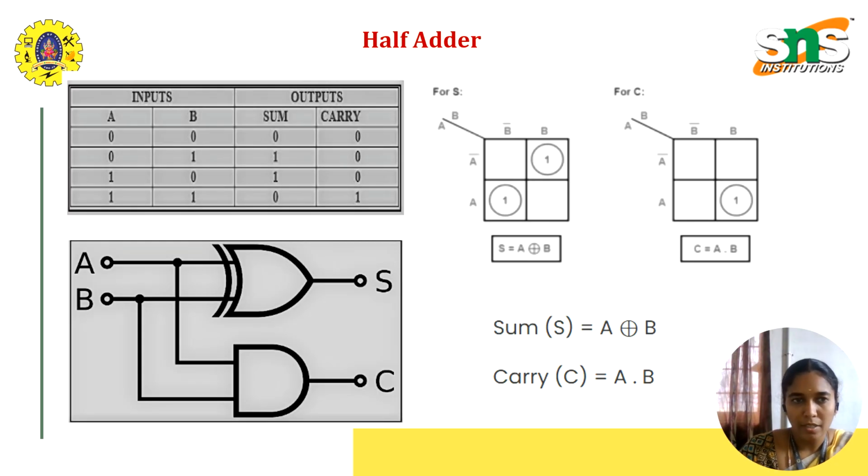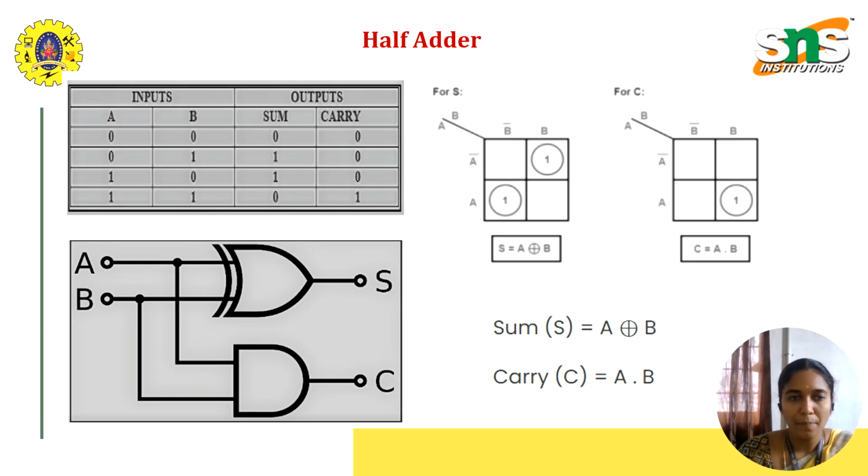Another one is the truth table. This is the truth table for the half adder based on the input and output. The inputs are two, A and B. For these two inputs, we have four combinations: 0 0, 0 1, 1 0, and 1 1. For A 0 and B 0, the sum value is 0, that means 0 plus 0 is 0, and there is no carry. For 0 plus 1, the sum value is 1, with no carry.